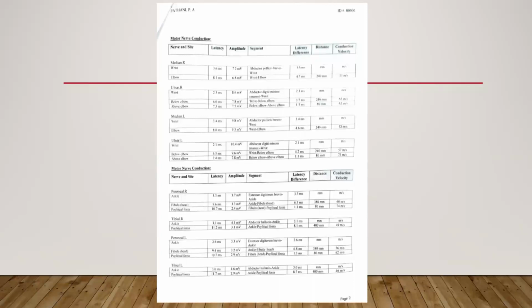Coming to lower limb, right peroneal at ankle, fibular head, and popliteal fossa, amplitudes, latencies, and velocity are normal. Compared to left peroneal, again normal. For right tibial, latency, amplitude, velocity normal, and left tibial also looks normal.